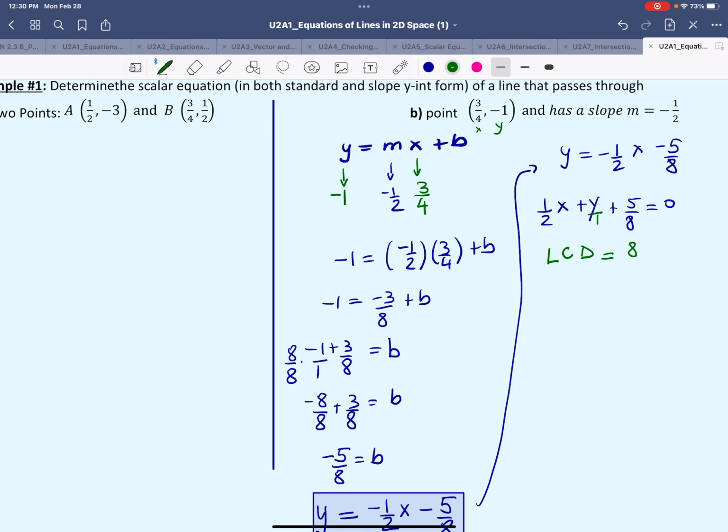The lowest common denominator, remember, is the lowest common multiple of all the denominators, so the smallest number that is divisible by every denominator. So 8 will multiply 1/2 x. 8 will multiply y. And 8 will also multiply 5 over 8.